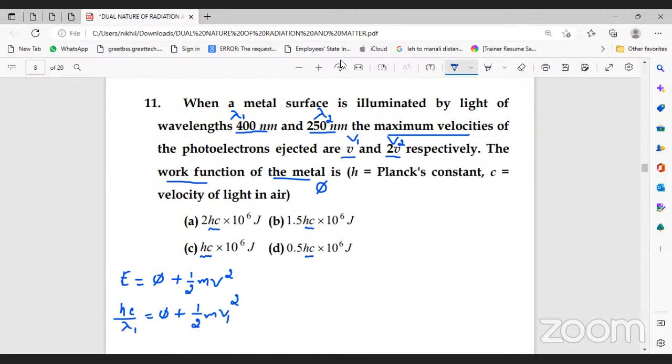Or you can do it like this. Half m v1 square is equal to hc by lambda 1 minus the work function.